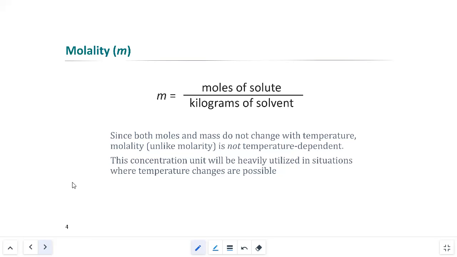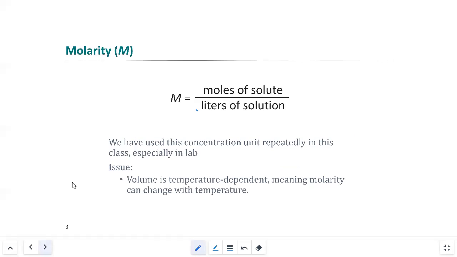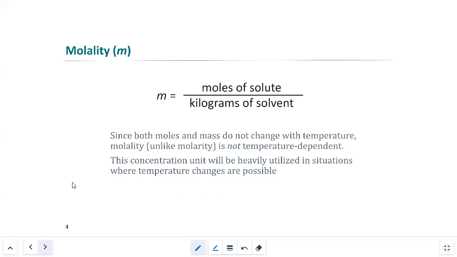Now, on its surface, I could flip between these two, and you wouldn't notice a whole lot of difference in the calculation of the equation. We went from a capital M to a little m, and all that we really did was change this denominator.